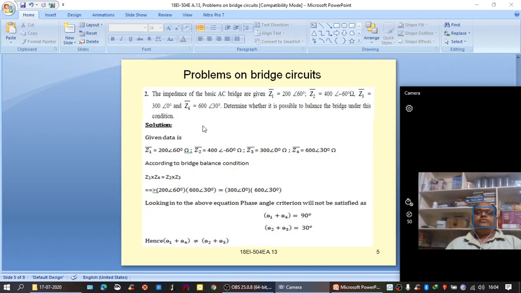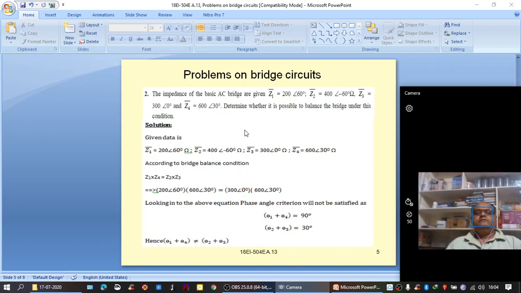The second example, let us check. The impedances of the basic AC bridge are given as Z1 equal to 200 at an angle of 60 degrees, Z2 equal to 400 at an angle of 60 degrees, Z3 equal to 300 at an angle of 0 degrees, and Z4 equal to 600 at an angle of 30 degrees.